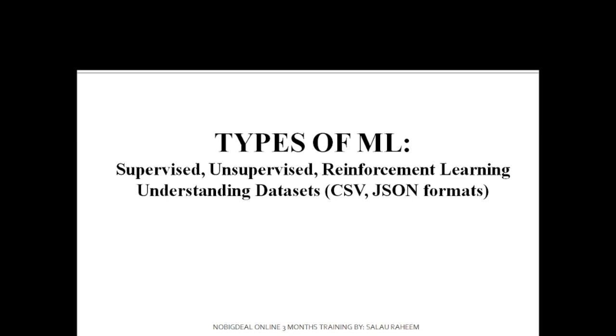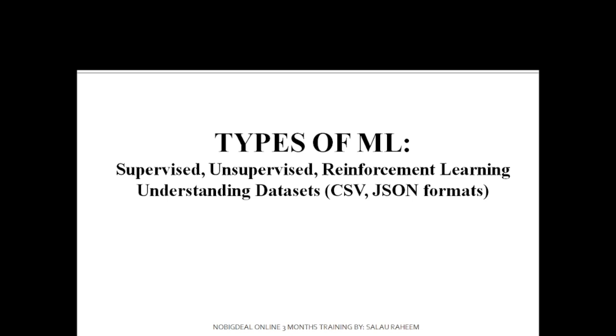So what is supervised learning? Supervised learning is a model that learns from labeled data, that is input and output pairs. What do I mean by this? For example, predicting house prices based on size, location, and number of rooms.